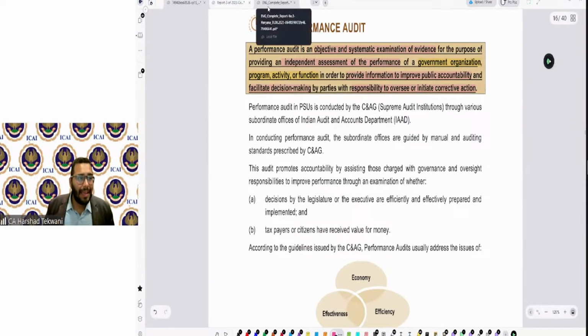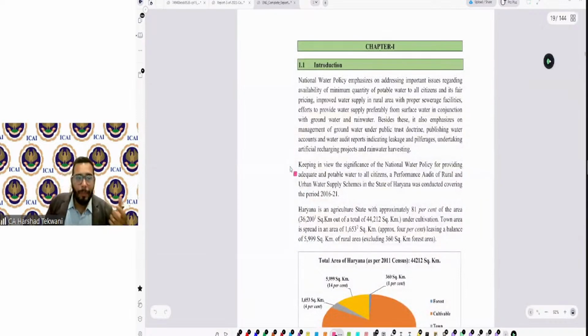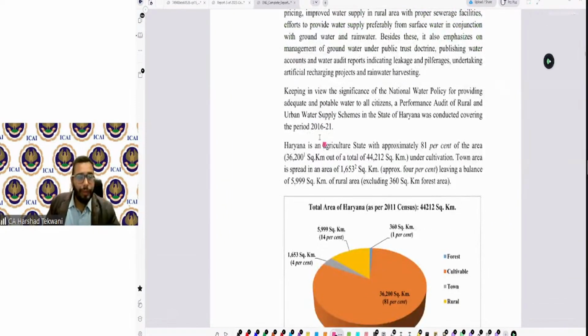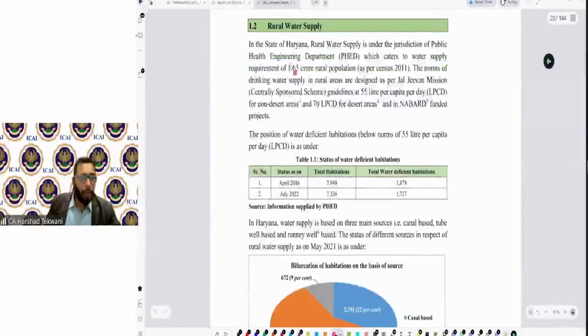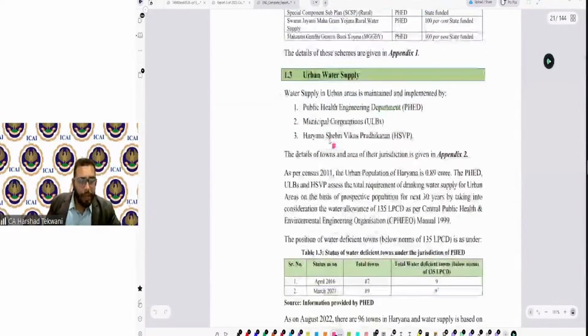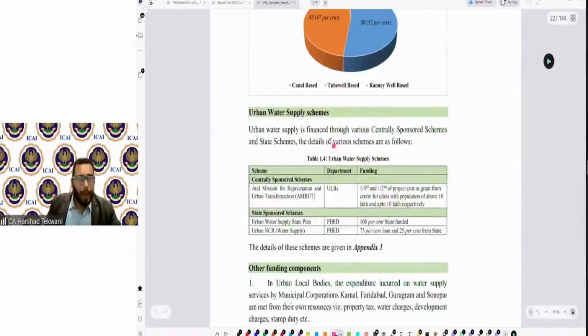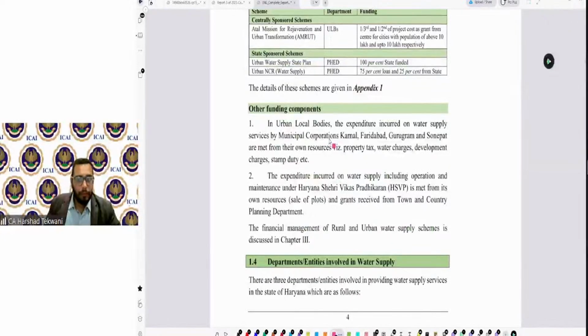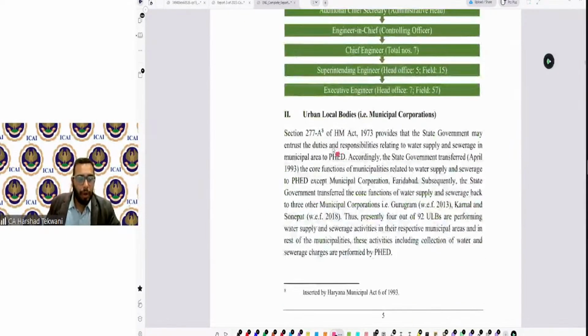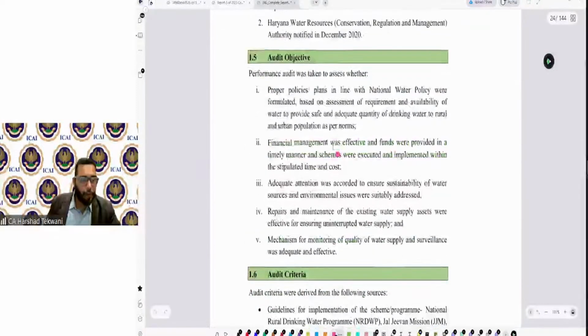For example, in this case, we are talking about performance of a particular program. Rural water supply, urban water supply, details are given. Now here, this program is evaluated whether it is performing appropriately or not. And how it is evaluated, I'll show you.